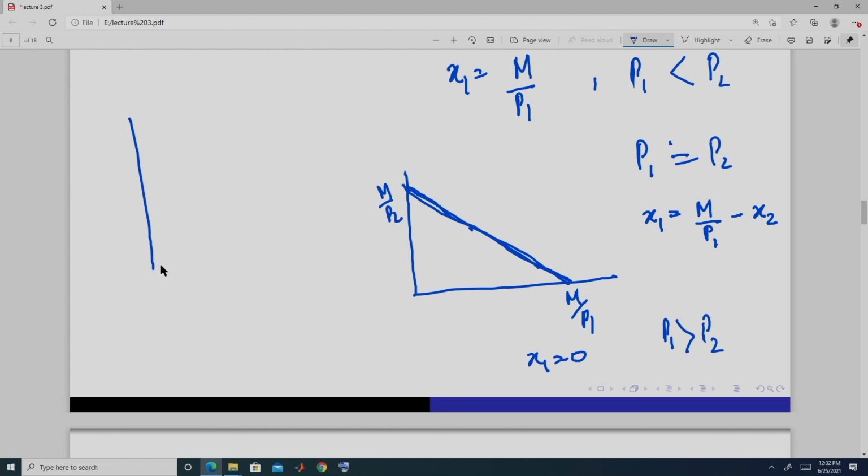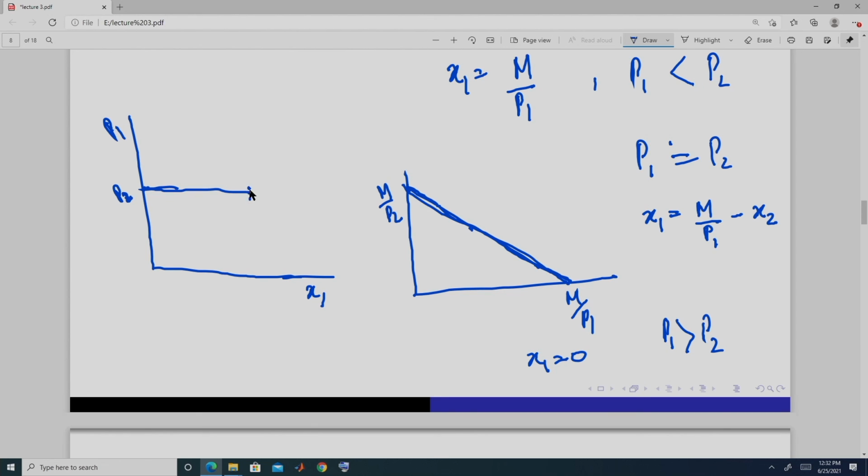So if we plot the demand curve, we will get something like this, suppose this is P2. Okay. So P2 is fixed at this level, and on this axis we are taking P1, and on this axis we are taking x1.